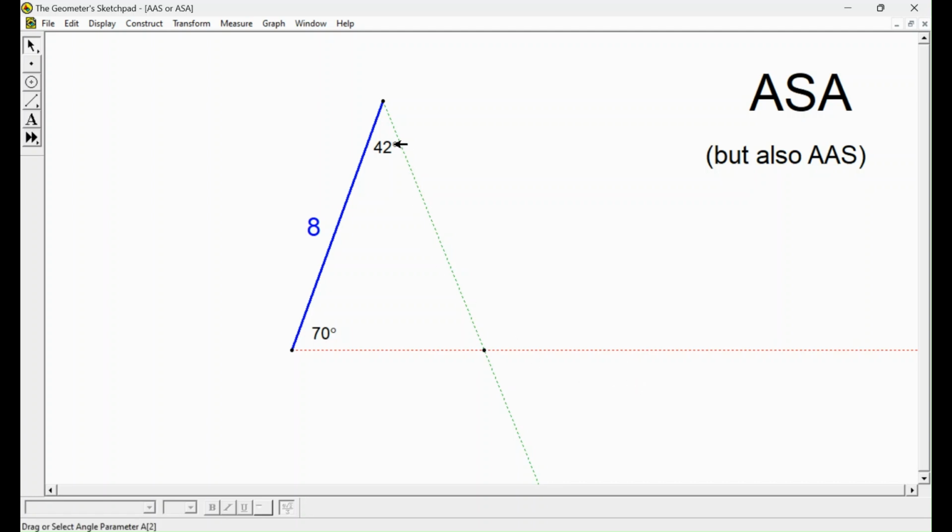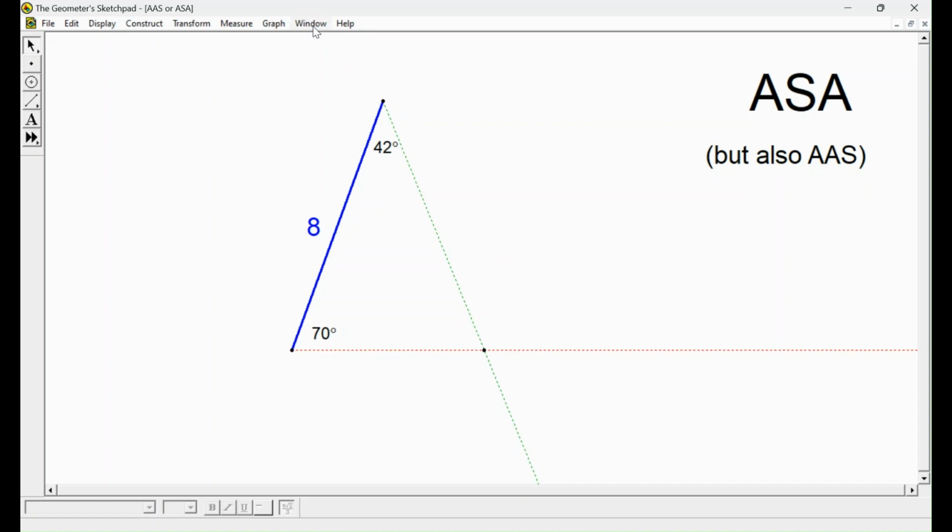And since those angles aren't movable, and the third point on your triangle has to be on the green and red rays as you see them here, then guess what? That's where your third point of your triangle has to be. And that completes your triangle. And I won't draw it, but I hope you get the idea there.